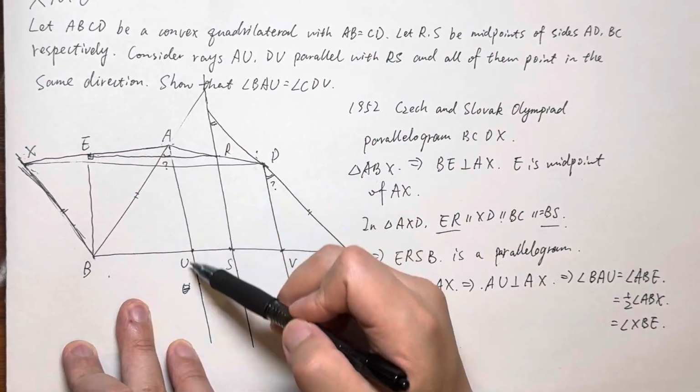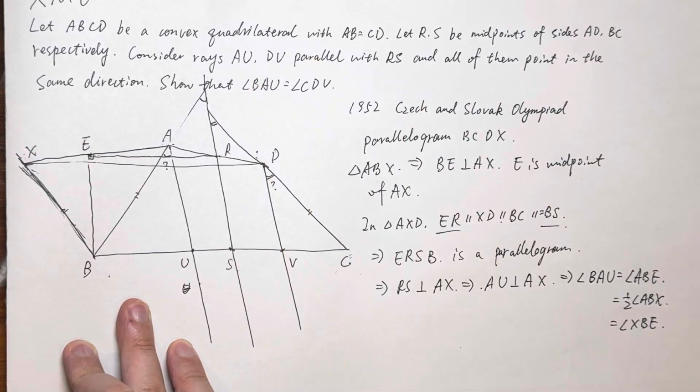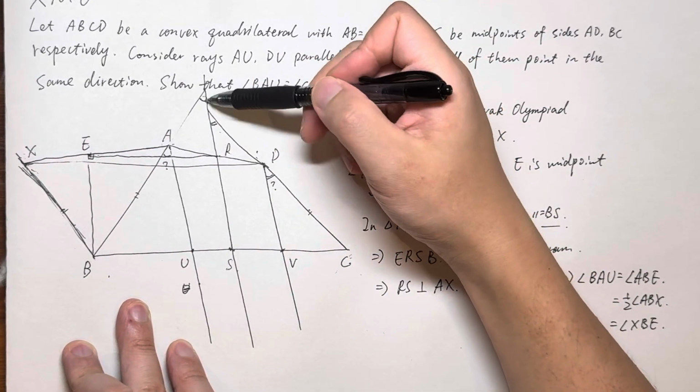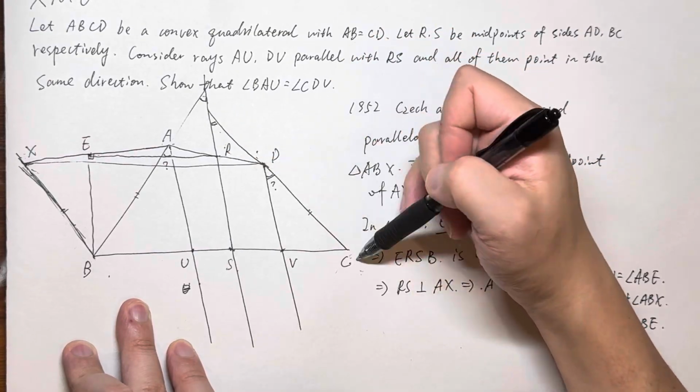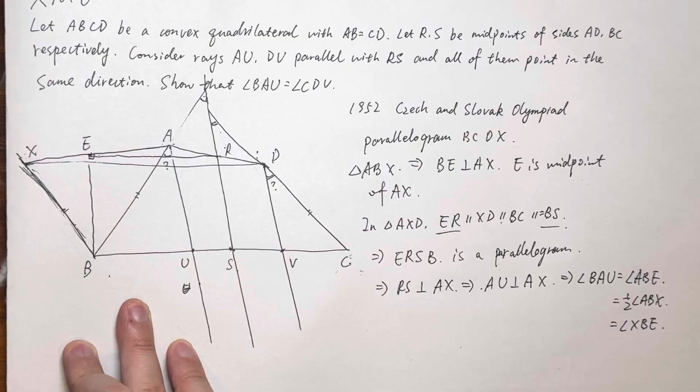And angle BAU equals this angle. Right? What is the summation of these two angles? It's actually the angle formed by the CD and AB. Right?